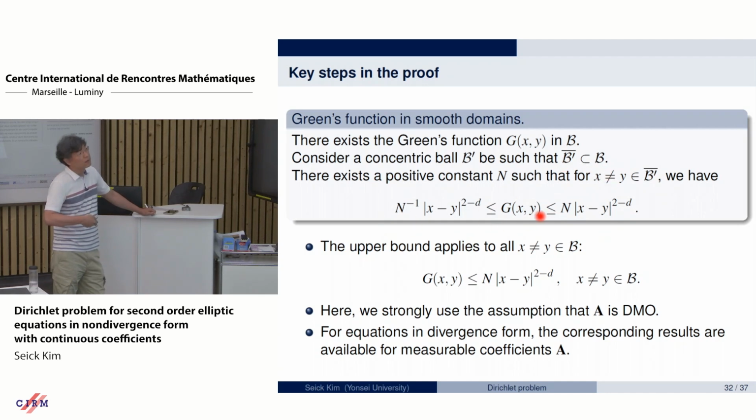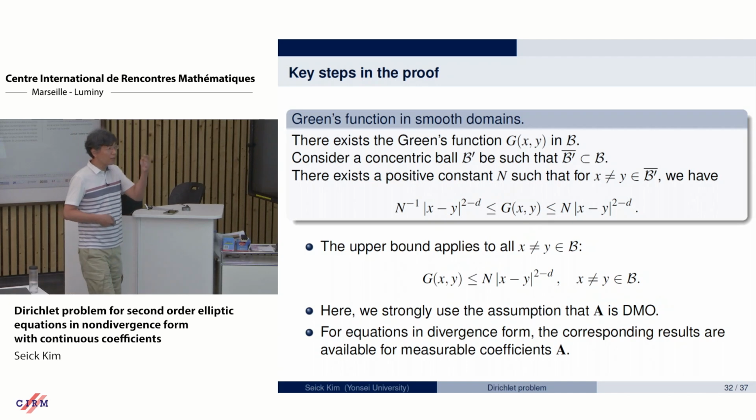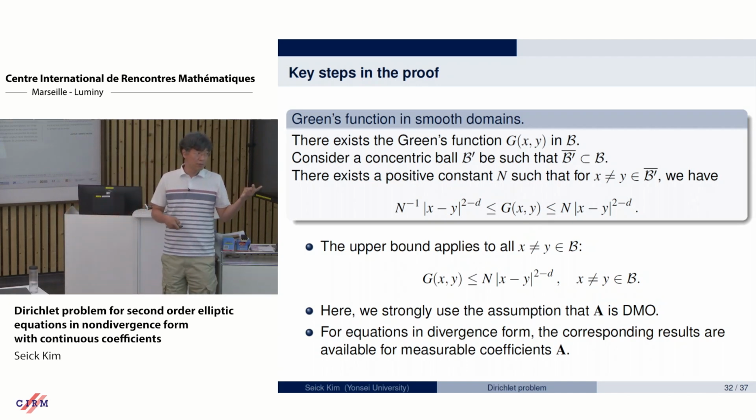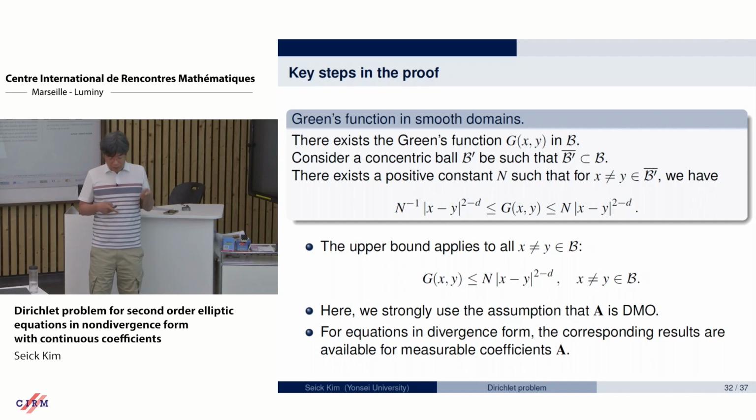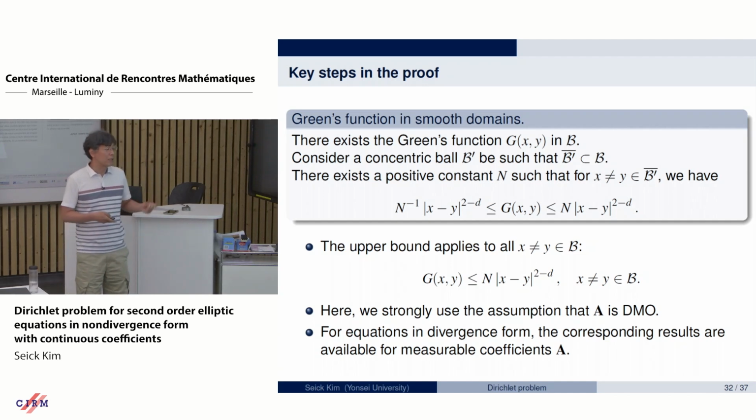For that, we strongly use the assumption that A is DMO. And by the way, this result is available for the divergence form equation under the mere assumption that A is bounded and measurable. Yes, measurable.